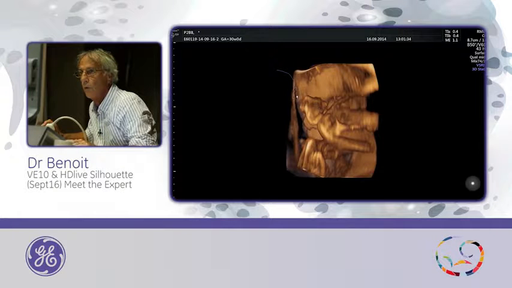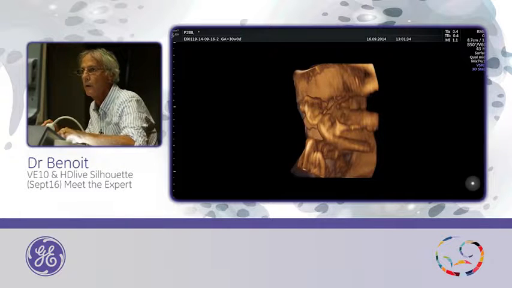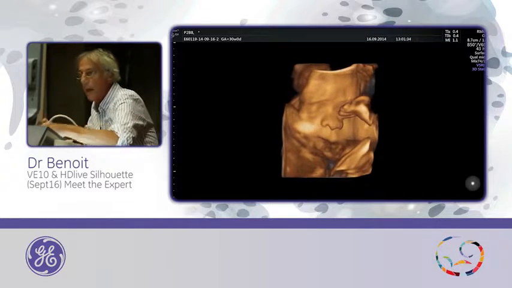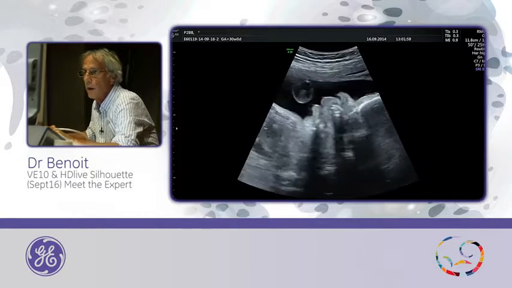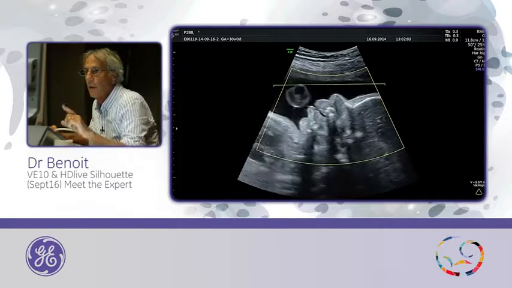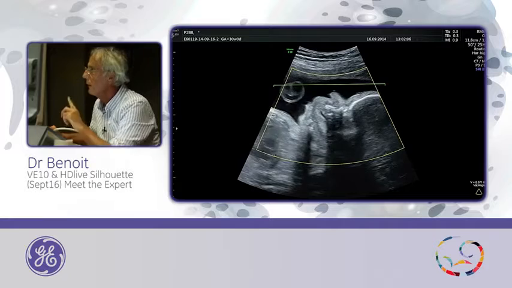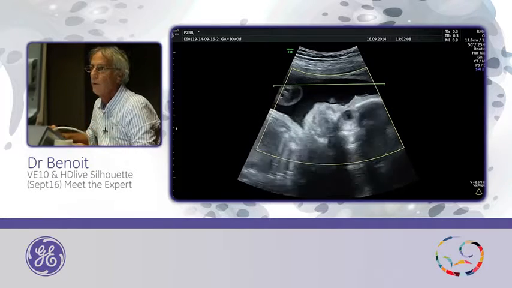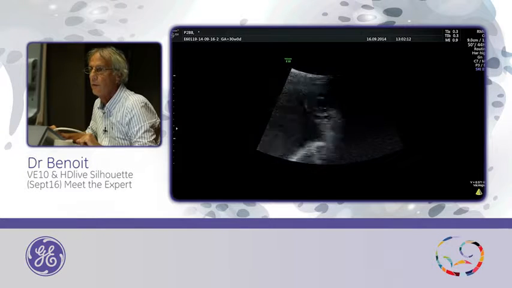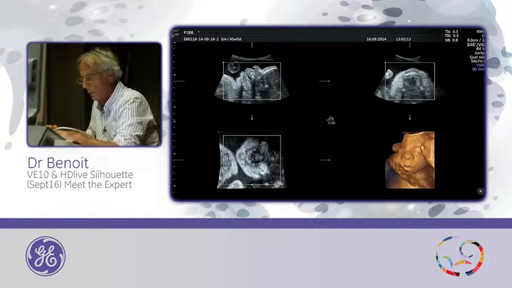Yes, I will do it. First, I will use a magic cut. Okay. Yes, I will use 4D later because it's nice when the baby is moving. So I do it again, static 3D on the face.